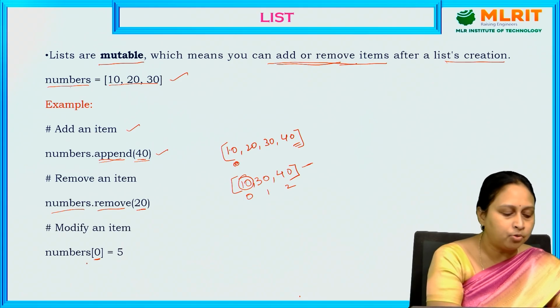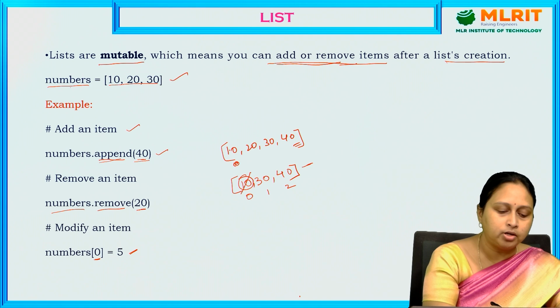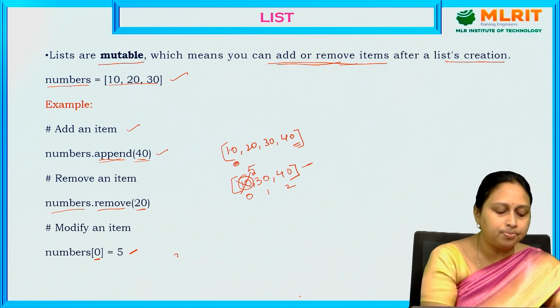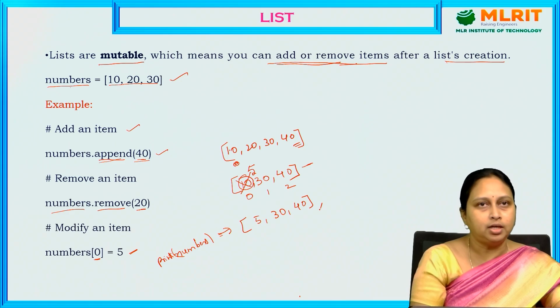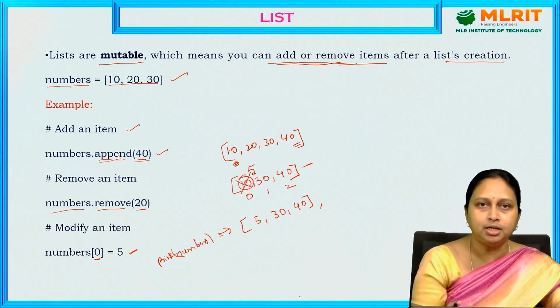So I am going to replace numbers of 0 with 5. If I print the numbers, it will print the list 5, 30 and 40. In this way, we can do some modifications in the list which has been created.